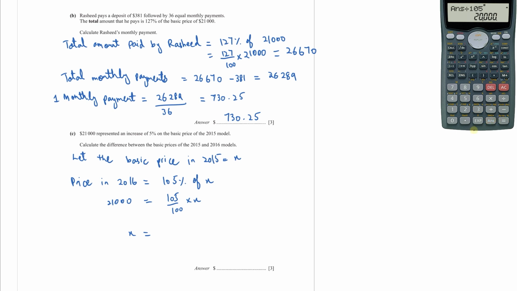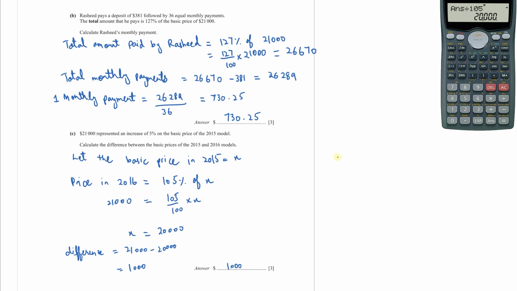So 20,000 was the price of the car in 2015. So the difference is simply 21,000 minus 20,000, which is 1,000.